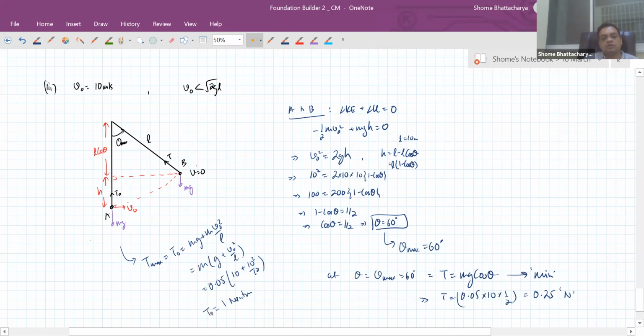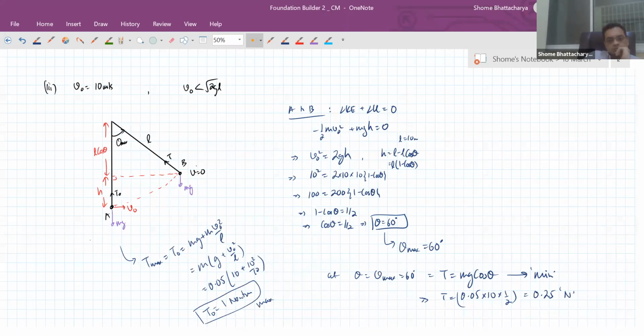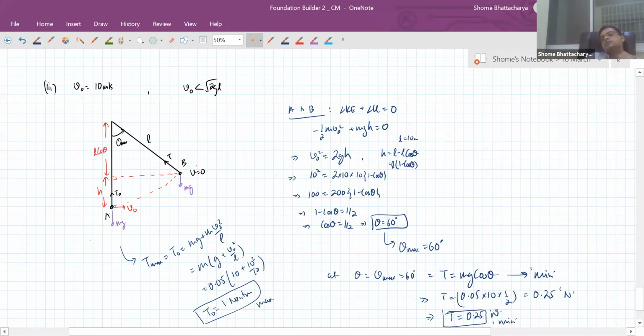So 1 newton will be the maximum tension, and 0.25 newton will be the minimum tension. Okay, very good.